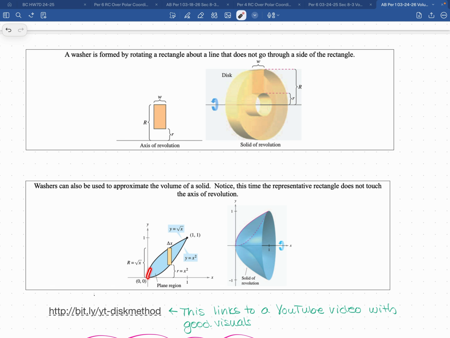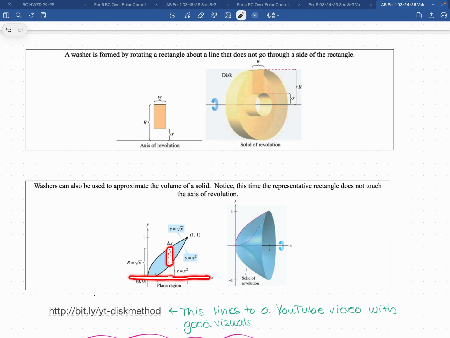Sorry. If you take a look at the picture on the bottom, we've got this blue region that, again, we're going to rotate about the x-axis. You can see the blue region doesn't touch the axis of rotation, except maybe at some points, but it doesn't always touch it. When you draw a representative rectangle, there are places to draw where it doesn't touch the axis of rotation.